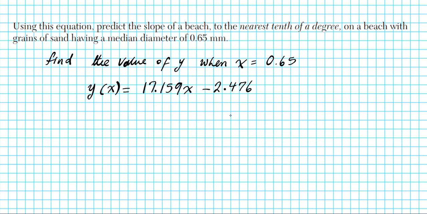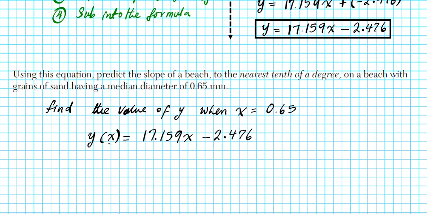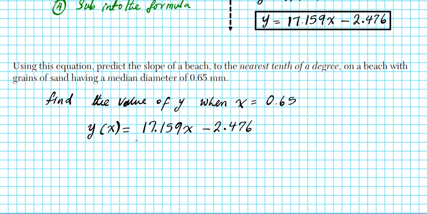Where did this come from? Well, it's our answer from the first part. Now you notice I wrote this as y of x. This simply means that to get an output of y, your independent or input variable is x. So what we're doing is basically taking this value and plugging it in there.